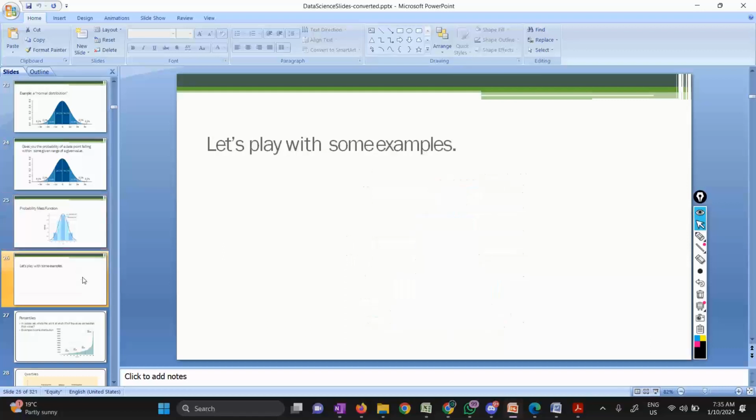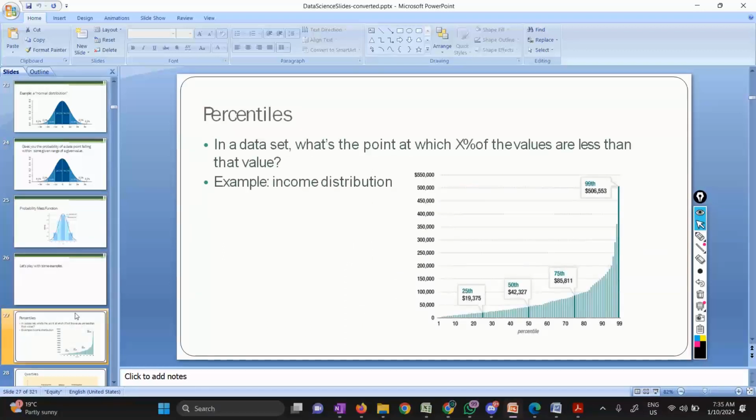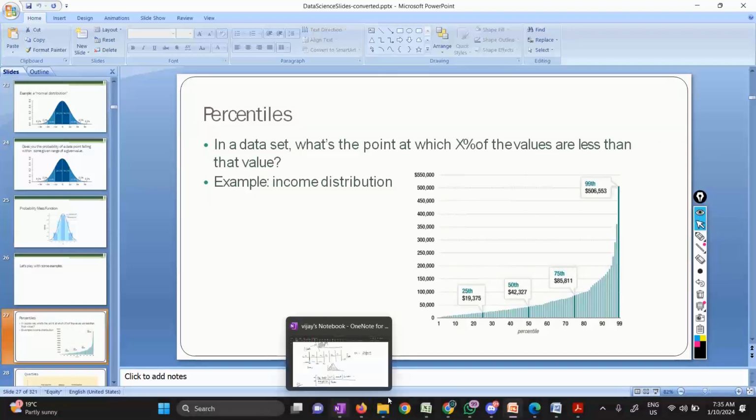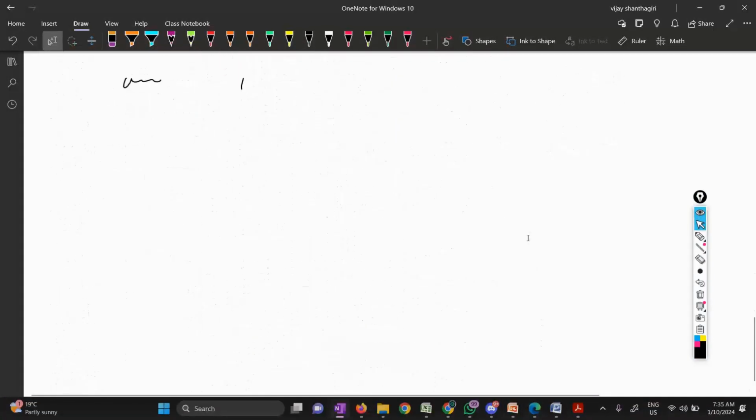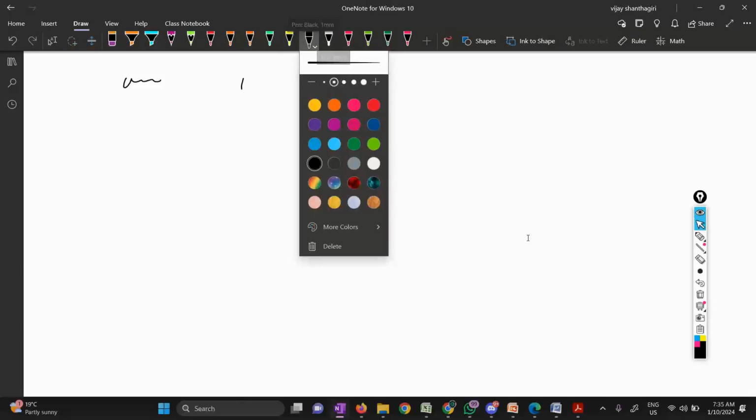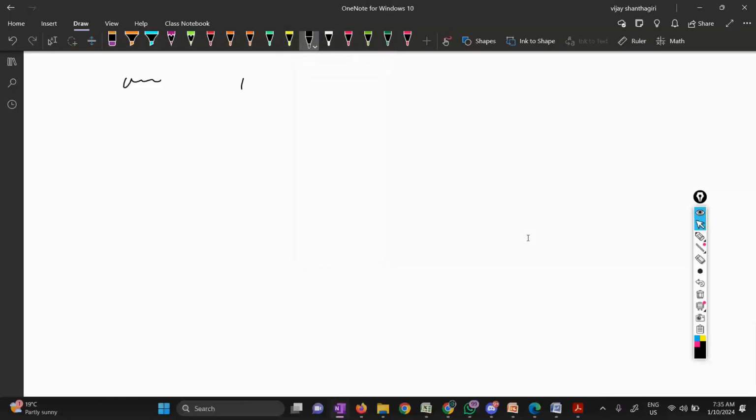Next concept: while we are working with shapes, there are different shapes. One thing you have to understand, now is the main gist. Hope we are all ready for this. Start with distribution. Where is this distribution coming from?